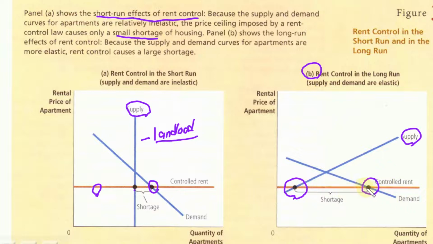So this is fixed, but as the supplier reduces the number of apartments to rent, the gap will be bigger and wider. So this shortage in the long time will be bigger. This is the long-run effect and this is the short-run effect.